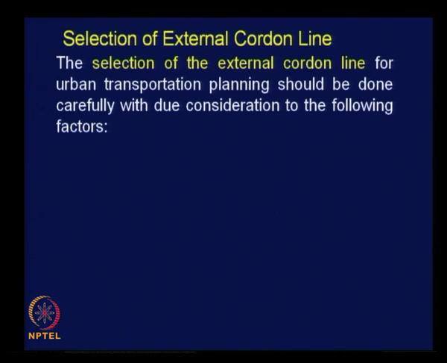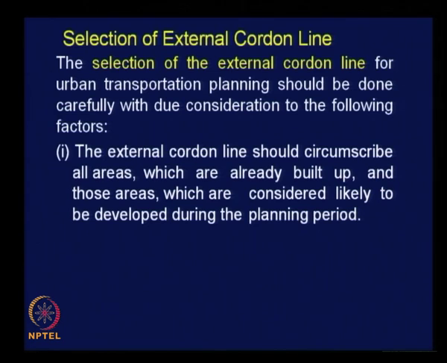There are 4 important factors to be considered while selecting or delineating your study area by fixing the external cordon line. The first point is this: the cordon line should circumscribe all areas which are already built up and those areas which are considered likely to be developed during the planning period.